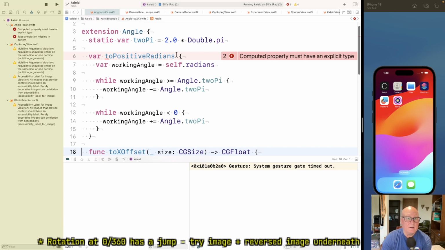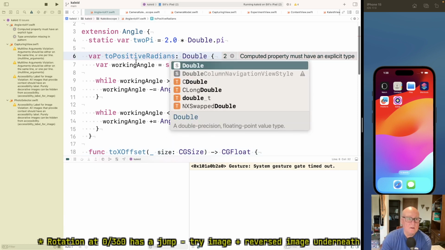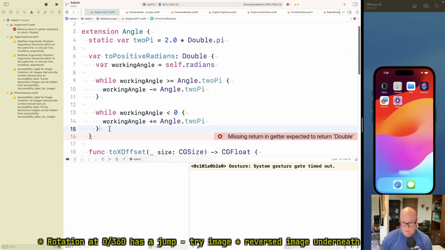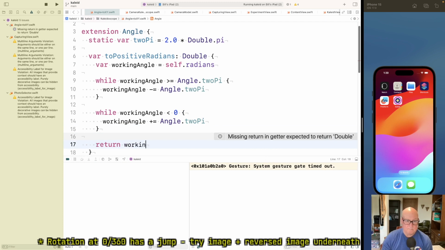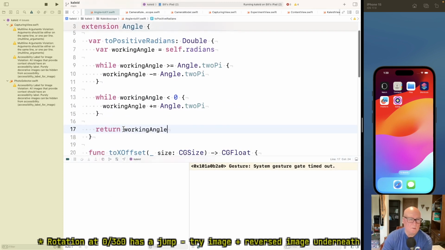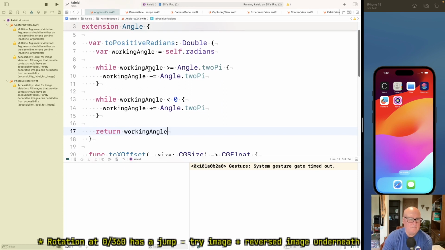Working. The result is a double. Take yourself angle and then return working angle. Basically if it's bigger than 2 pi, we wrap it backwards. So if it's wrapped 6 pi, we're going to unwrap it.